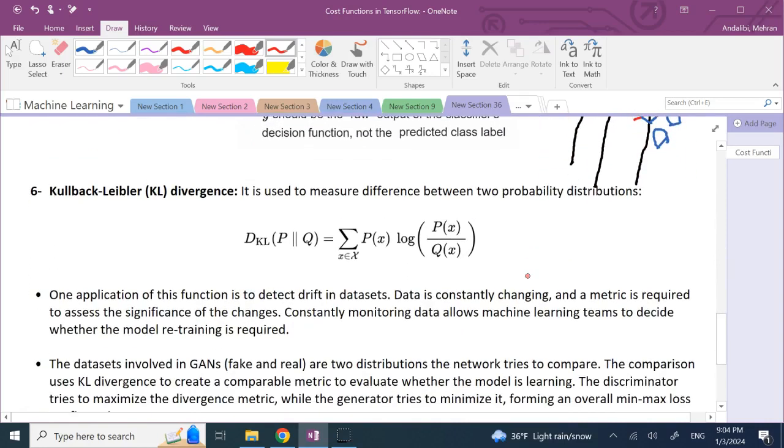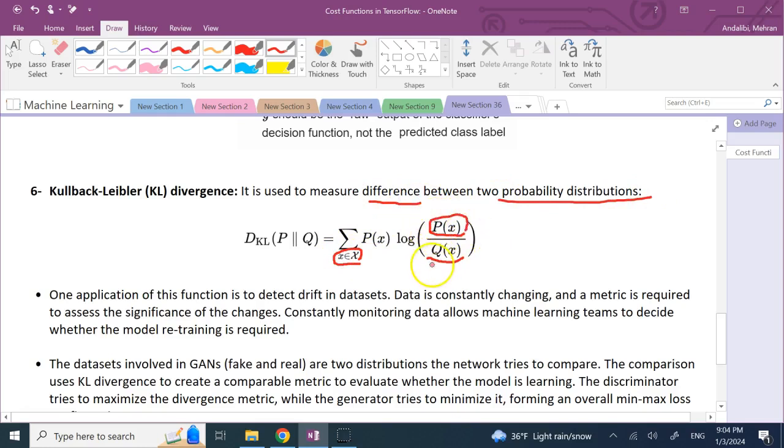The last one I want to talk about is called the Kullback-Leibler Divergence, or KL divergence, which is basically a type of entropy. You might call it a joint entropy between 2 distributions, P and Q, that are defined over events X, and it measures the difference between these 2 probability distributions.